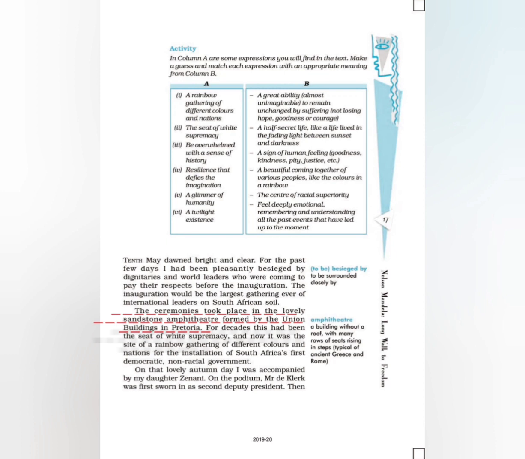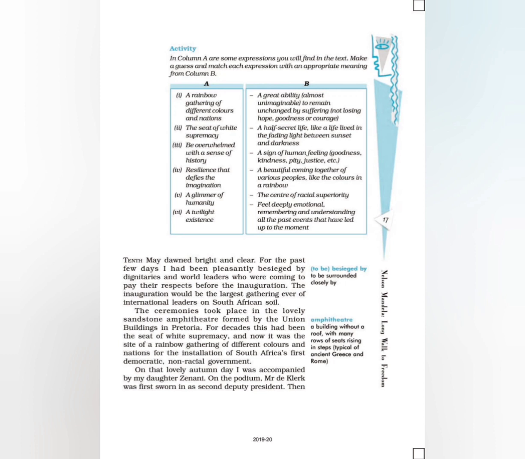In which building is that occasion going to happen, in which building is Nelson Mandela going to speak, take the oath and initiate the democratic government? Here itself he mentions that for decades this building also was a seat of white supremacy, but now it came to black people, and now it is coming to the democratic government.